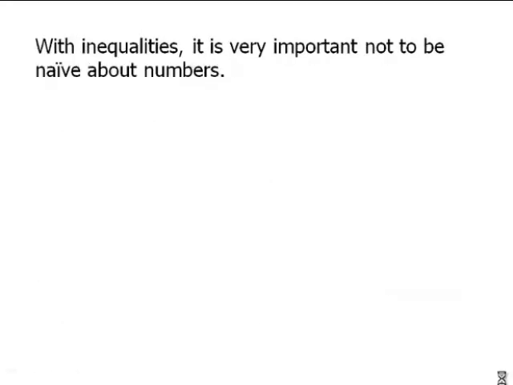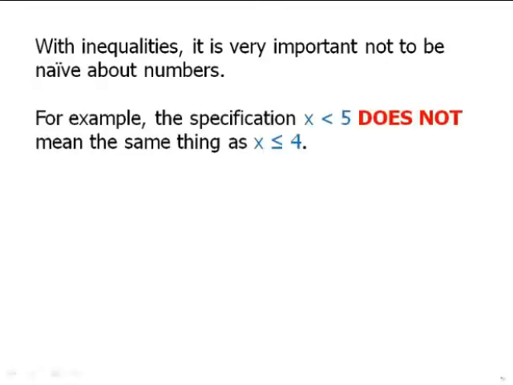Now the first thing I'll say about these is, with inequalities, it is very important not to be naive about numbers. What do I mean by that, naive about numbers? Think about it this way. For example, the specification x is less than 5 does not mean the same thing as x is less than or equal to 4. And this is a very typical mistake pattern.